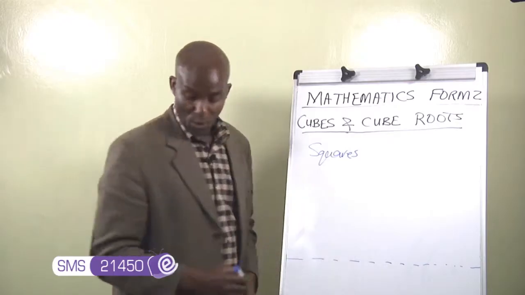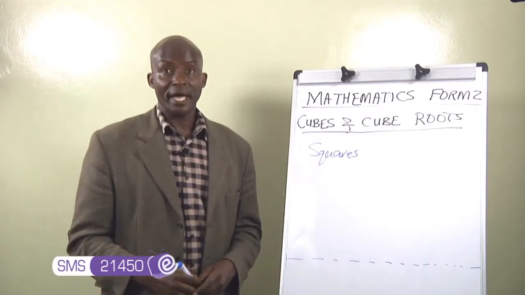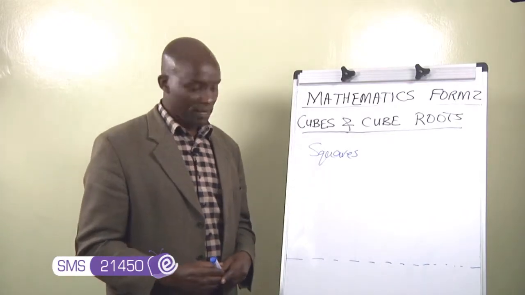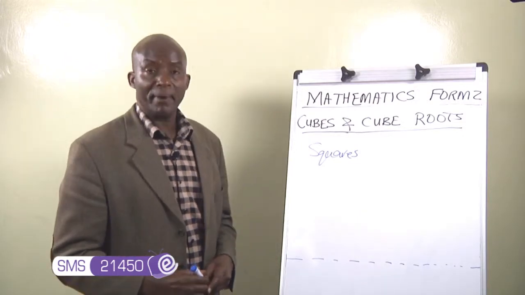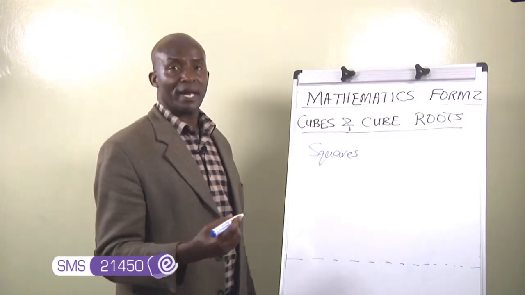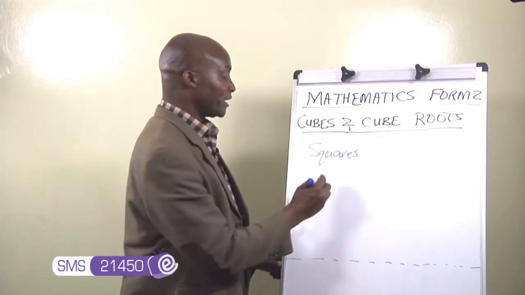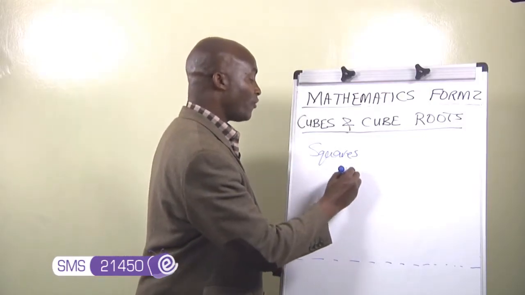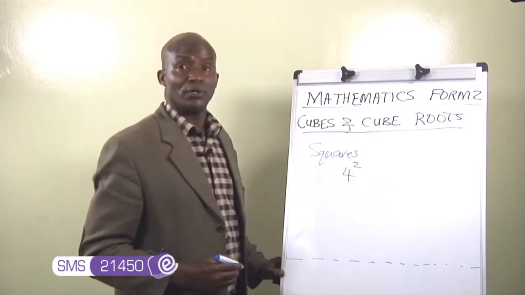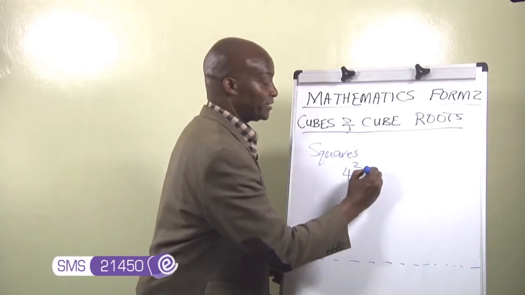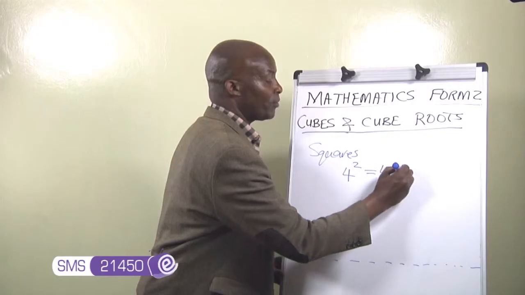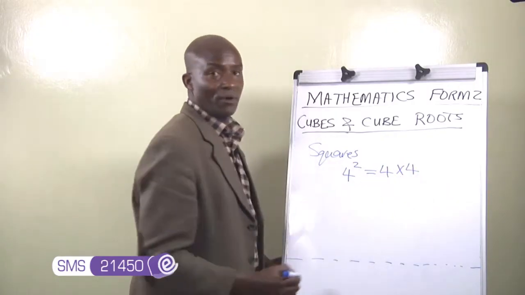Now, what is a square? A square of a number is a number that is multiplied by itself twice. So if I say the square of 4, that means 4 squared is equal to 4 multiplied by 4.